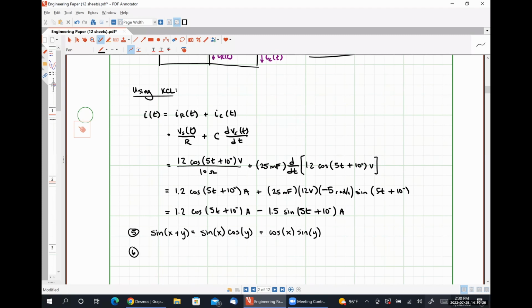And trig identity number 6 said cosine of x plus y was equal to cosine x cosine y minus sine x sine y.